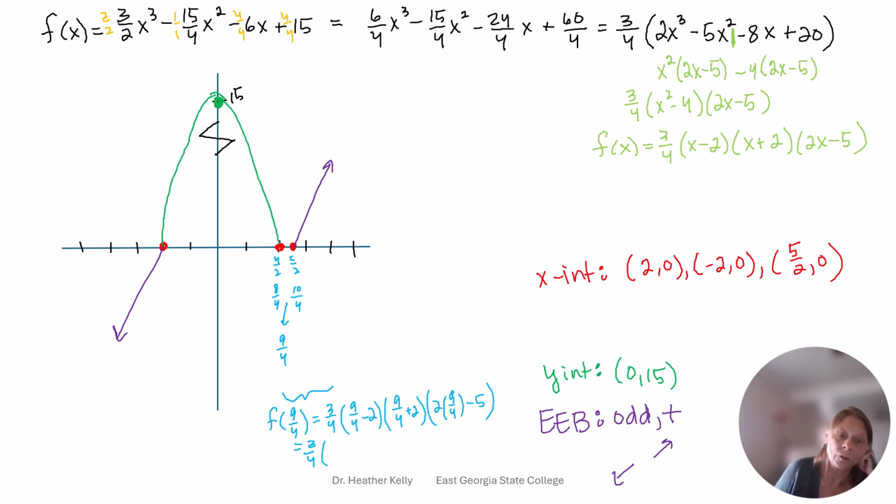So 9/4 minus 8/4 is 1/4. 9/4 plus 8/4 is 17/4. And let's see here, that makes this guy 9 halves minus 5, which is 10 halves, which gives us negative 1 half.